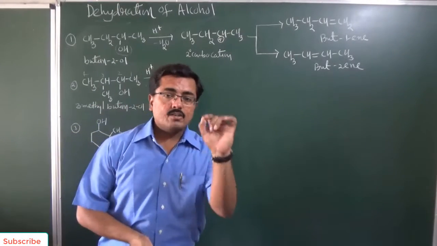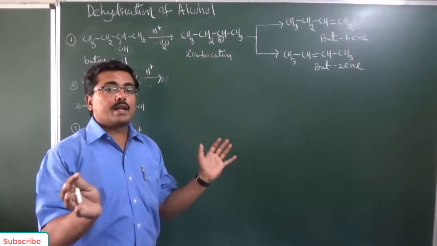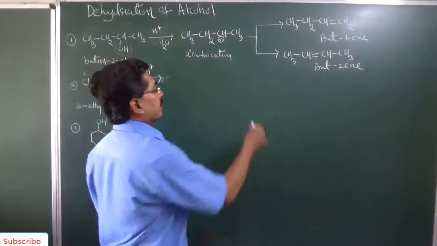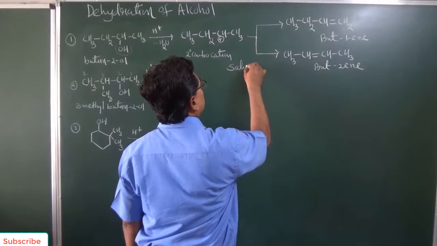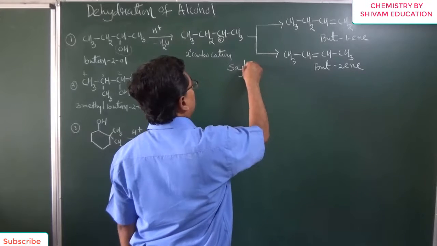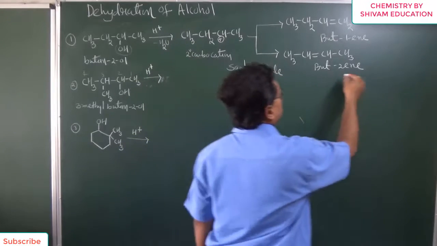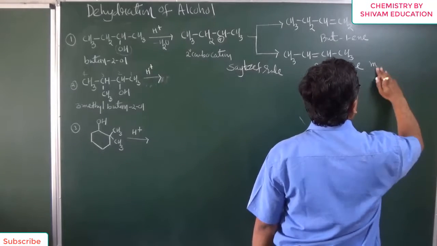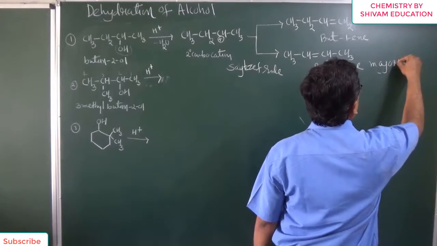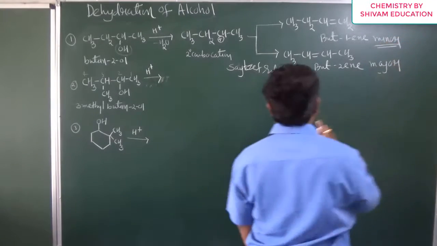Scientists known as Saytzeff have informed us that the more substituted alkene will be the more stable product. So according to Saytzeff rule, we will get this but-2-ene as a major product and this will be obtained as a minor product.